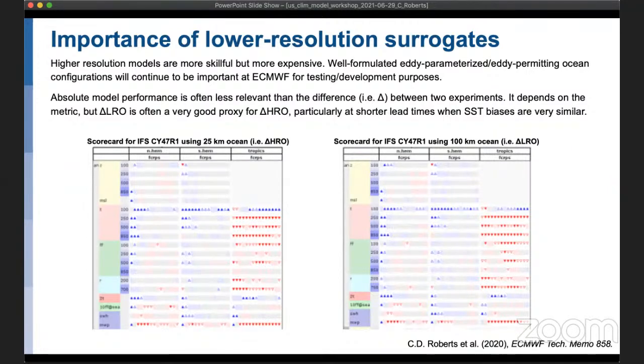So this just shows an example of some summary scorecards estimated for a recent IFS cycle using on the left a 25-kilometer ocean and on the right a 100-kilometer ocean. So in this particular case, you get a very good idea of the impact on our operational system from using a much cheaper ocean model. And there's lots more detail in this tech memo on our website.